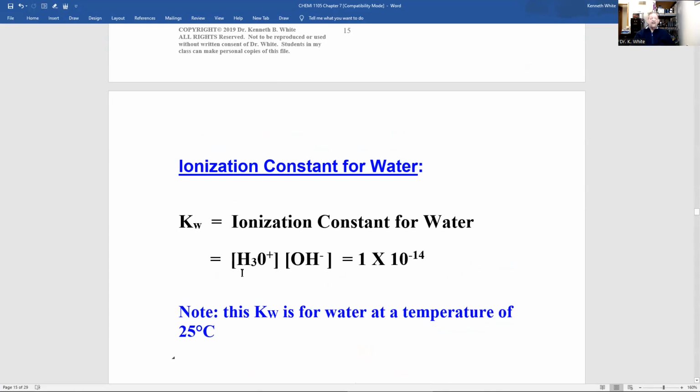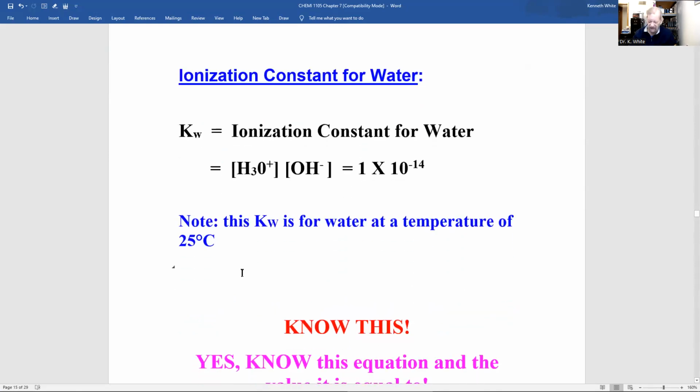When you have something in a bracket, if you see bracket X, close bracket, that's the moles of X per 1,000 milliliters, the molarity.